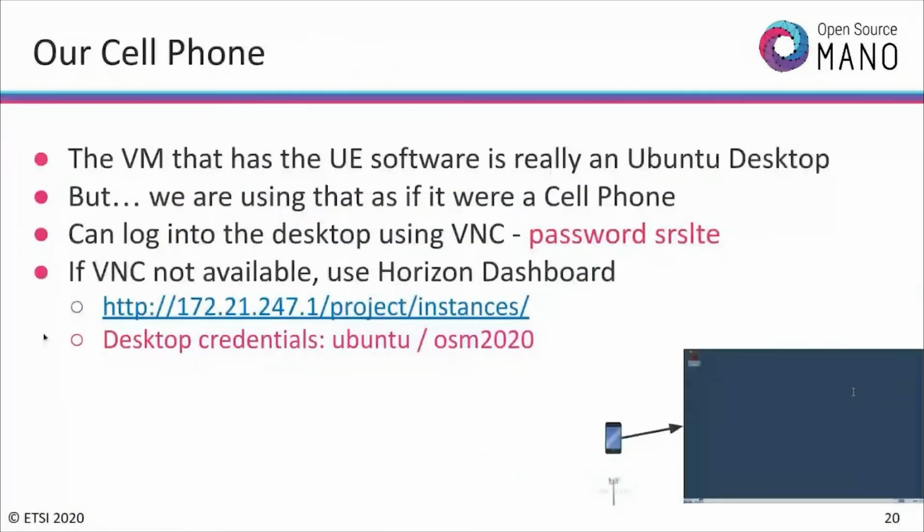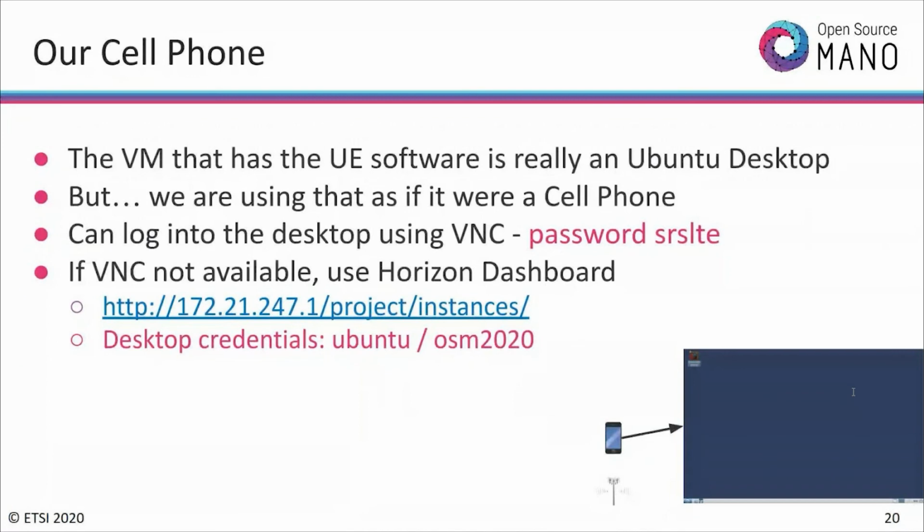So lastly, our cell phone. It's the VM that has the software. It's really an Ubuntu desktop. We're using it as if it is a cell phone. We've got two ways of being able to access the desktop. If anybody's got VNC, you can VNC directly to it.